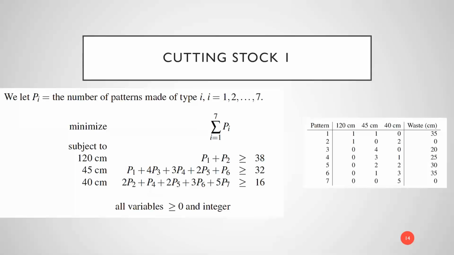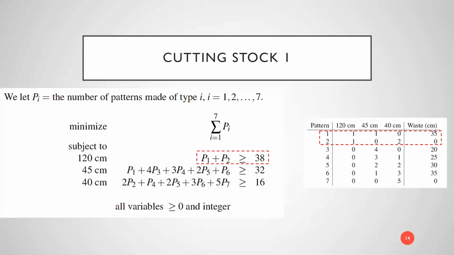Now, let's think about this. Which patterns produce product type number 1, which is the 120 centimeter width dowel? All right, only pattern number 1 and pattern number 2.